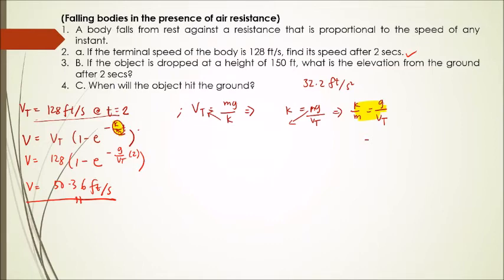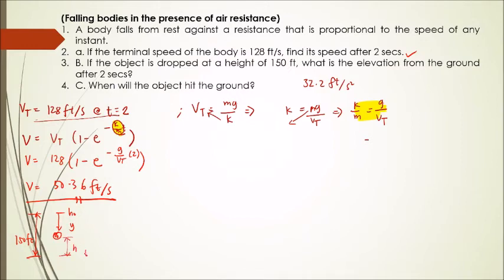Now, it says here the object is dropped at a height of 150. So, let's draw. We have this object dropped at a height of 150, so this is our overall height, 150 feet from the ground. We have this initial height, we have this y where the object is, and then the unknown is where it is in the air.